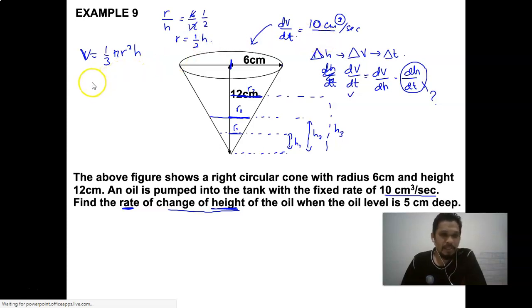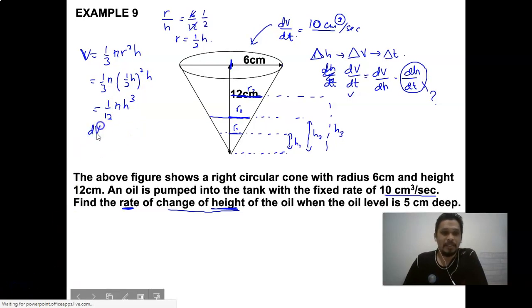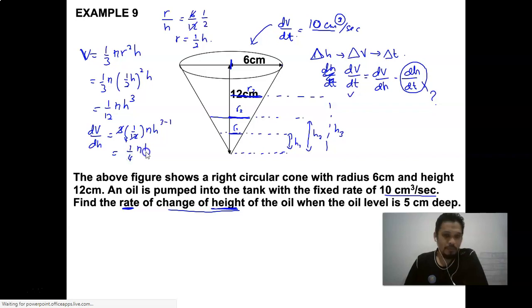Then 1 over 3 pi, (1 over 2 H) squared, multiplied with H, gives you 2 squared equals 4, times 3 equals 12, so 1 over 12 pi H squared times H, which is H cubed. Then dV/dH equals 3 times 1 over 12 pi H to the power 3 minus 1, and this gives you 1 over 4 pi H squared.